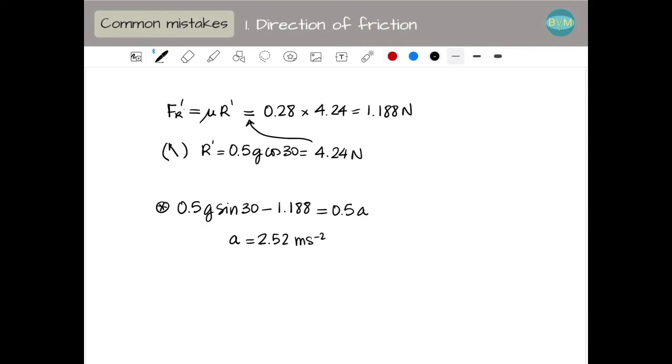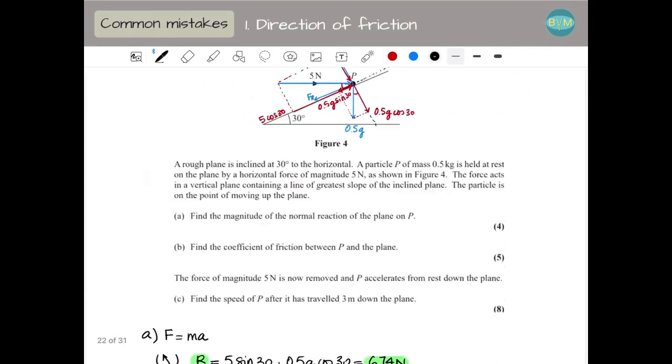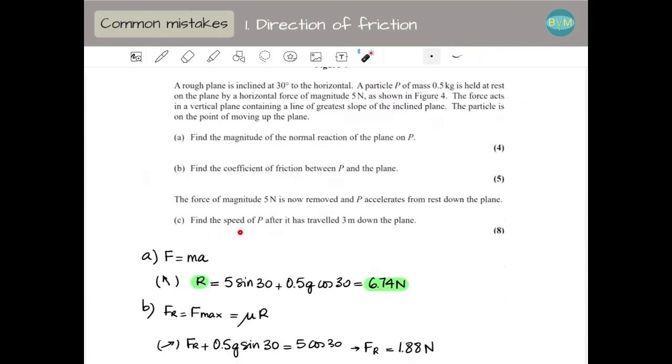I have my acceleration, so I'm going to use SUVAT to find the velocity at the end, because that's what they ask. They say find the speed of P. In this case, speed and velocity is the same after it has traveled 3 meters, so that's the displacement down the plane.